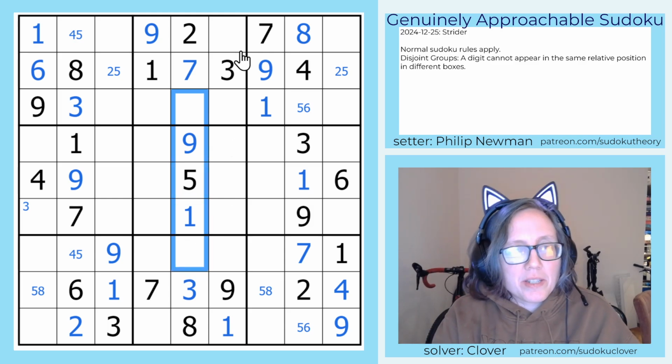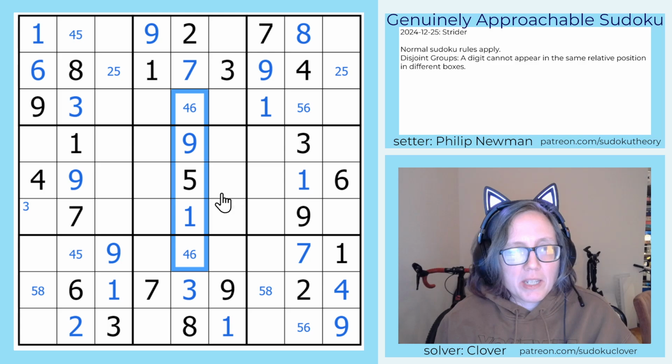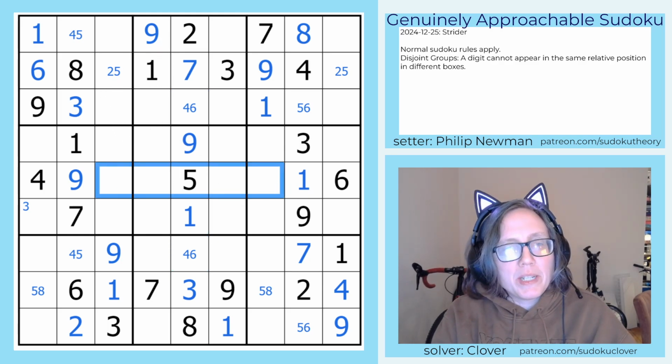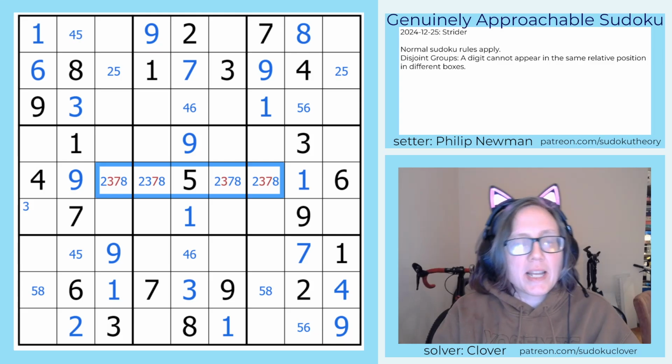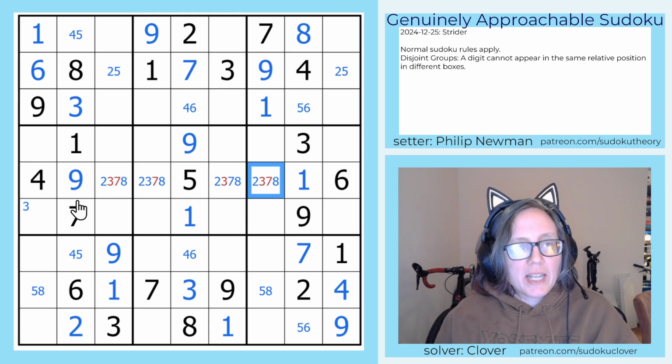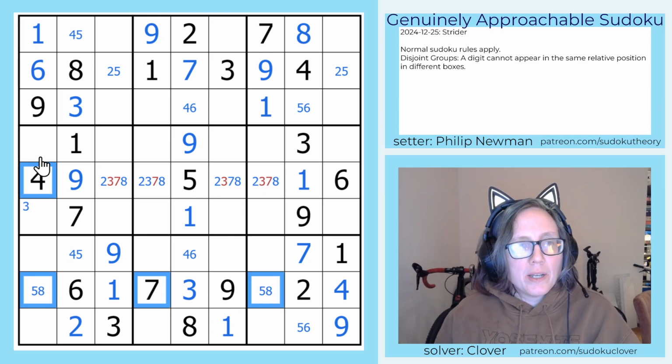Now in this central column, the digits we still need are 4 and 6. We can't eliminate either of those yet. In the central row, we need 2, 3, 7, and 8. Okay, what have we already done? So in the center left position, we've already used 5, 7, 8, 4, 6, 1, and 9.